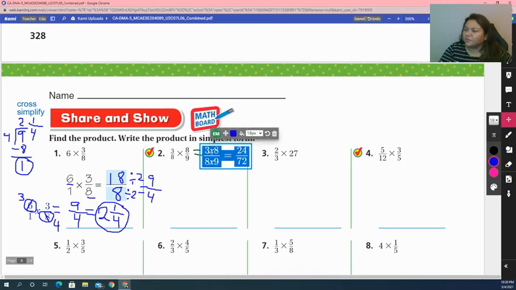Let me make the font a little bit smaller so I can make it fit here. Go down to 16. See, that works better. Okay, so we're going to go ahead and reduce it.